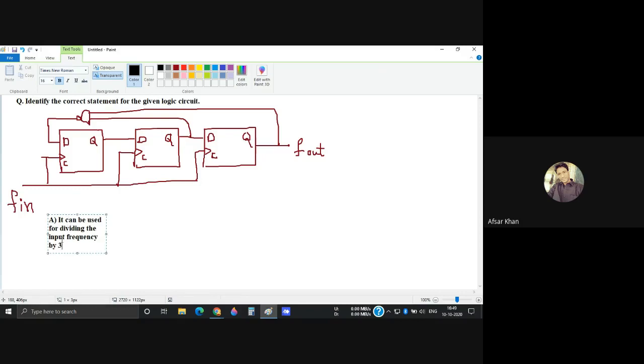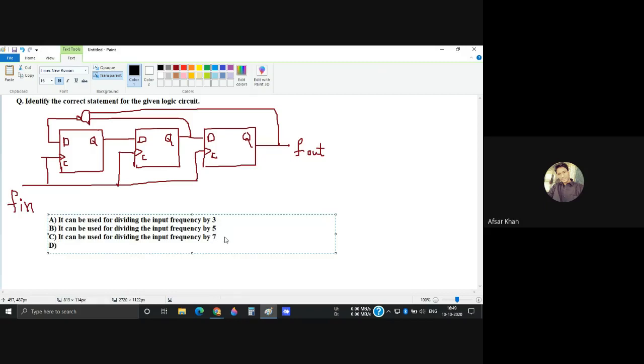Option B is it can be used for dividing the input frequency by 5, and option C is by 7.